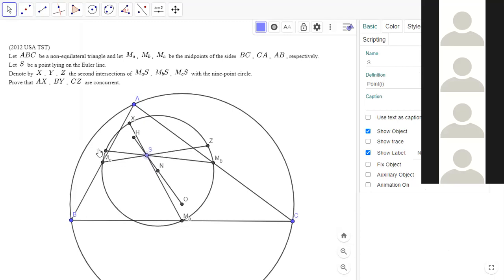So AX. Oh, wait. Oh, I named these wrong. This should be. Oh no, I think I named everything right.